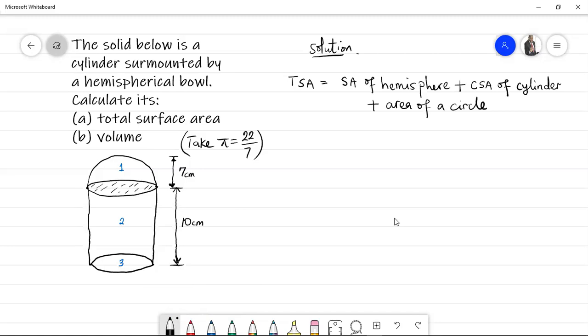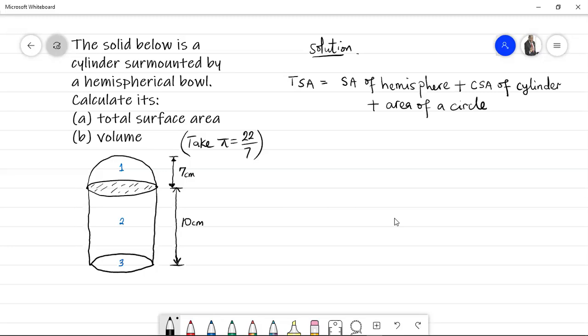So you cannot account for that surface. So the three surfaces you can account for in this shape are the surface of the hemisphere, the curved surface of the cylinder, and the circular base of the cylinder. That's all. I believe you understand that.